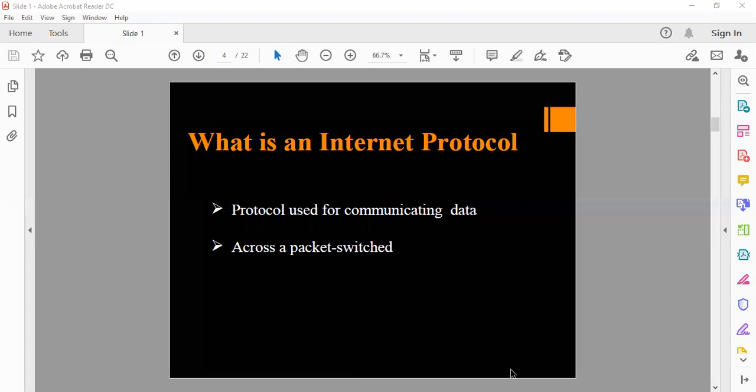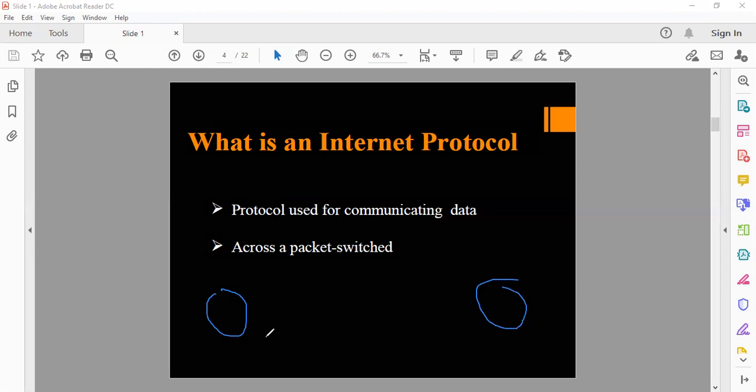Suppose there are two users, user A and user B. In circuit switching, user A has a dedicated connection to user B for a specific time.